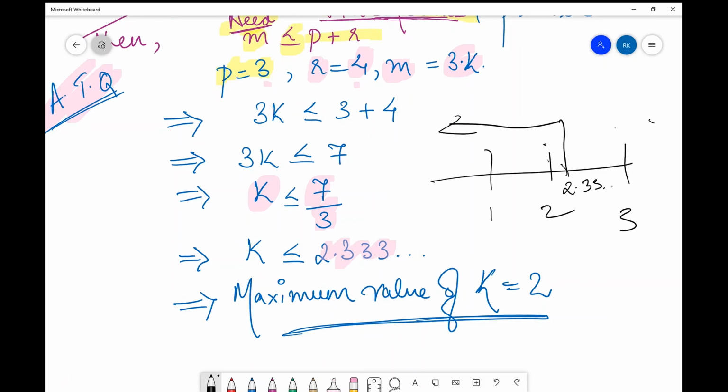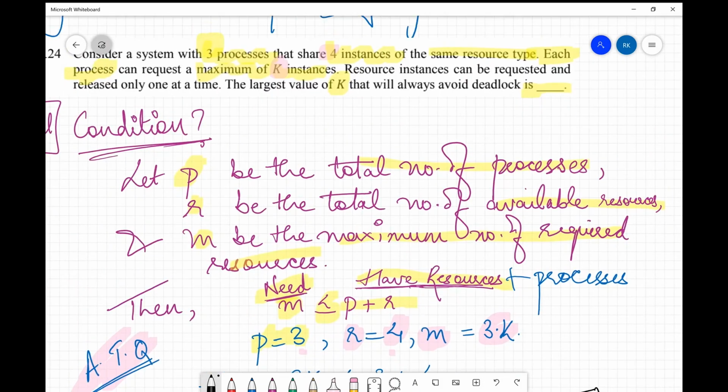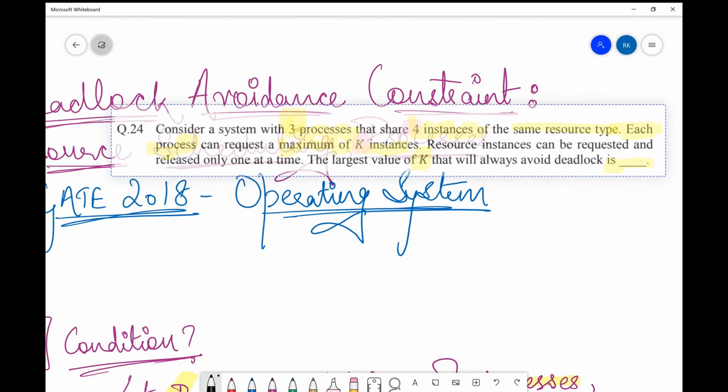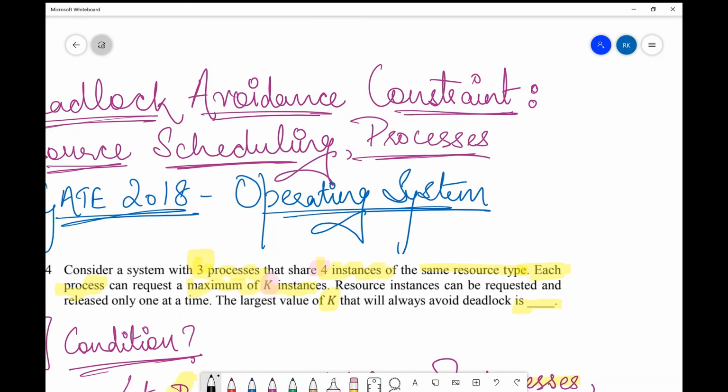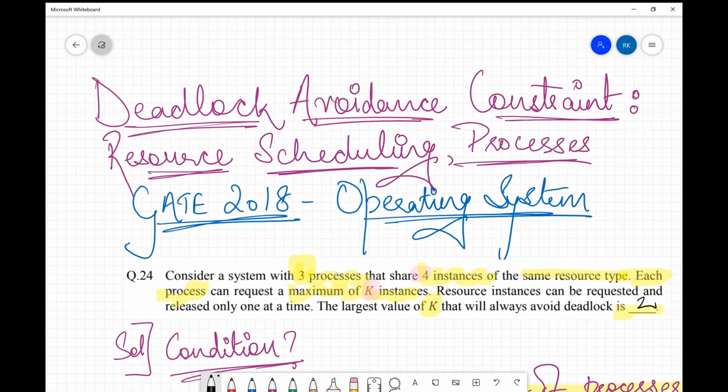Obviously you cannot allot 2.33 resource instances. So the maximum integral value is 2. So that was a quick short question, I would say. The answer over here is 2, and that's all for this particular question.